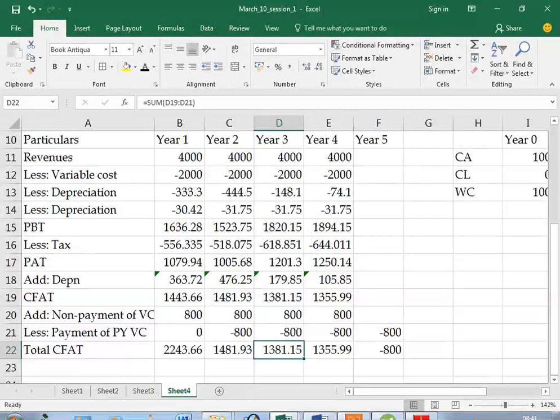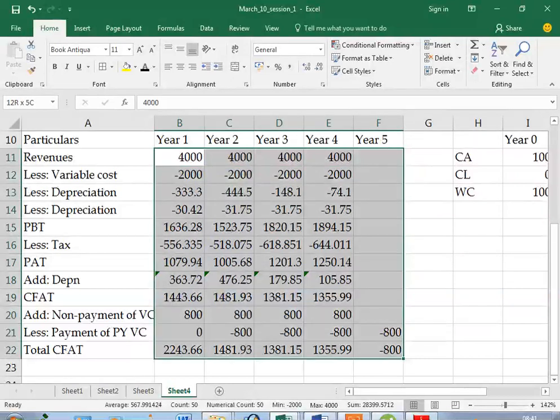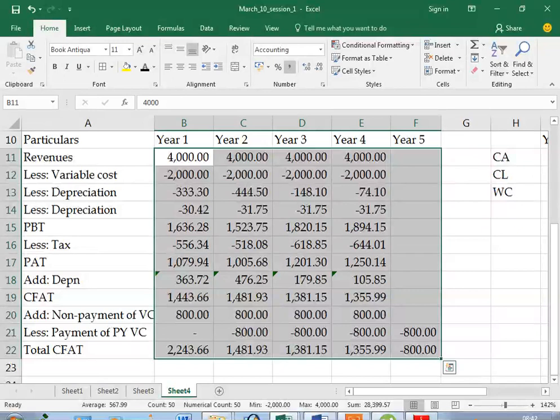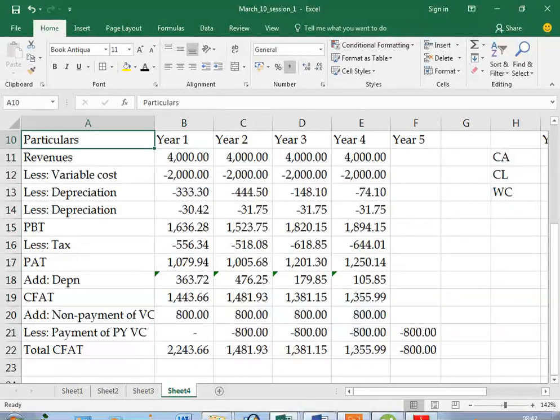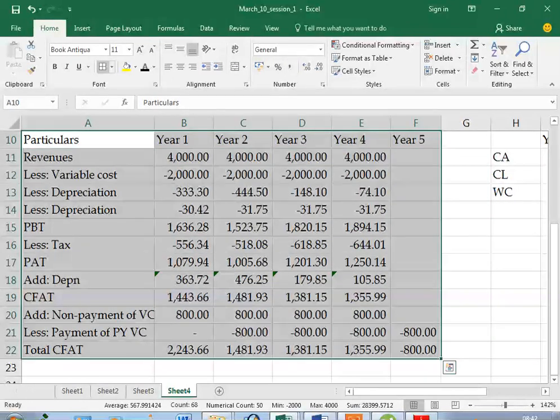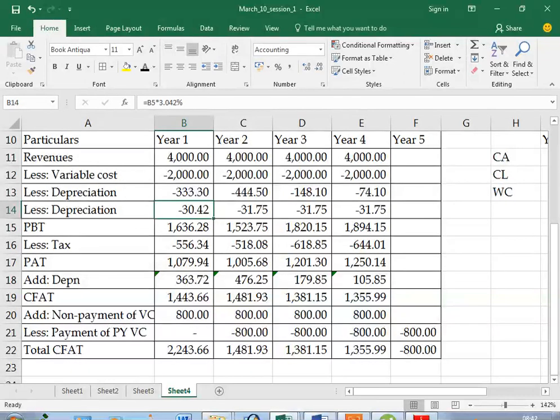Not paid has to be paid in the next year. So the project is not a 4-year project, it goes to the 5th year.